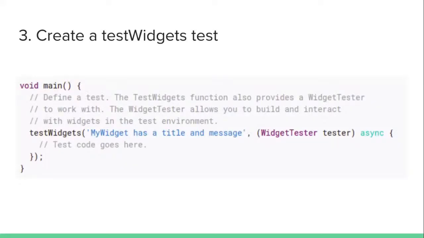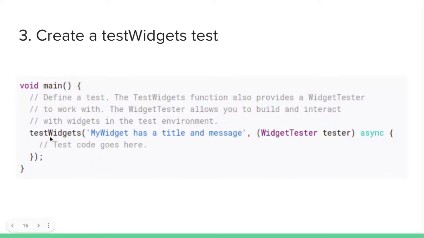Here, with a widget to test, you can begin by writing your first test using the testWidgets function provided by the Flutter test package to define a test. The testWidgets function allows you to define a widget test and creates a WidgetTester object to work with.